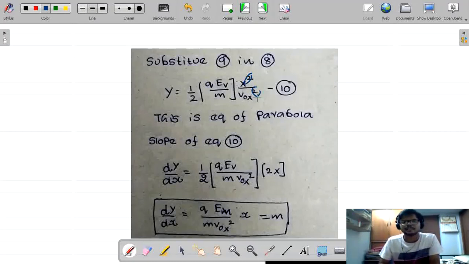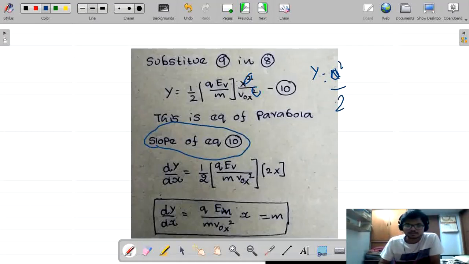It is in the form of the equation of a parabola. Y equal to x square by 2. Now try to find the slope of the parabola. Dy by dx equal to, we are differentiating with respect to x.